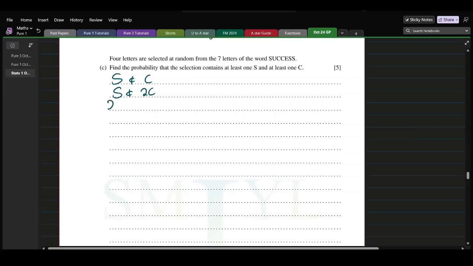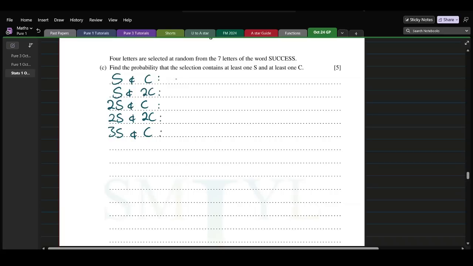We could also have two S's and one C. We could also have two S's and two C's. And then finally, we could also have three S's and one C. Now let's evaluate each scenario.